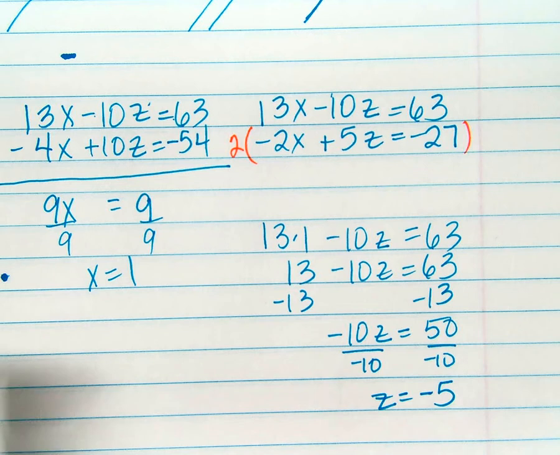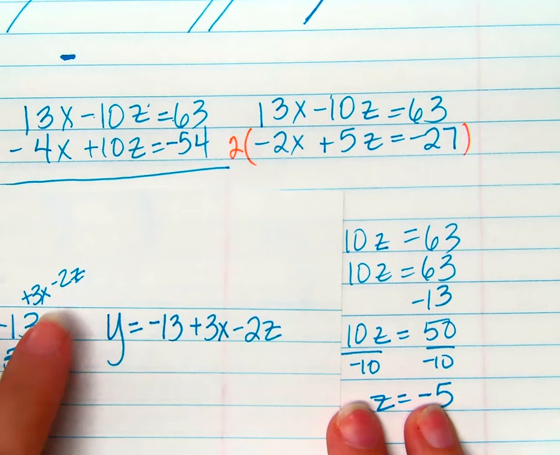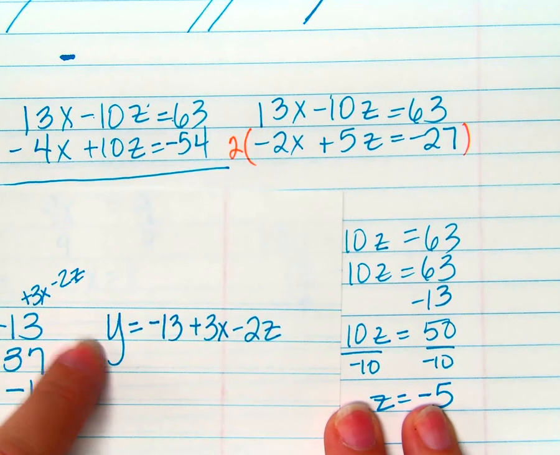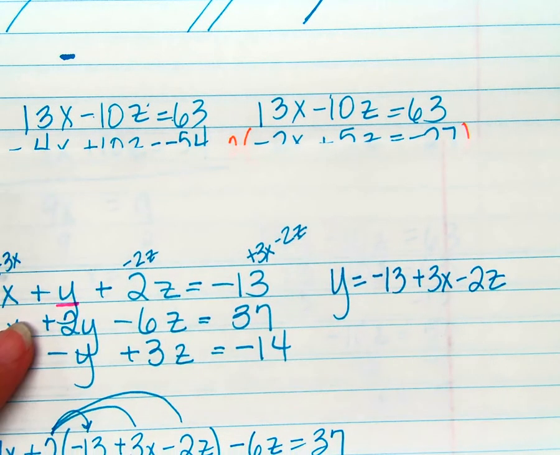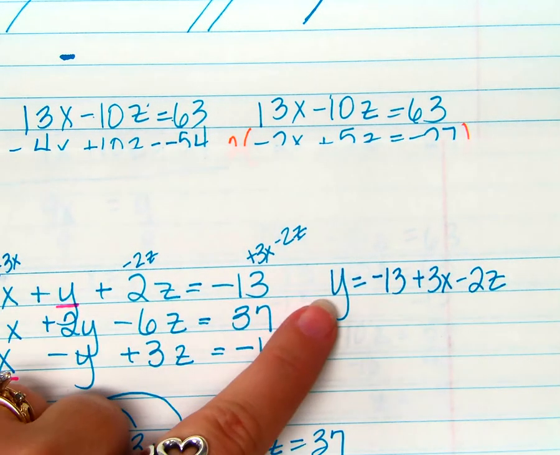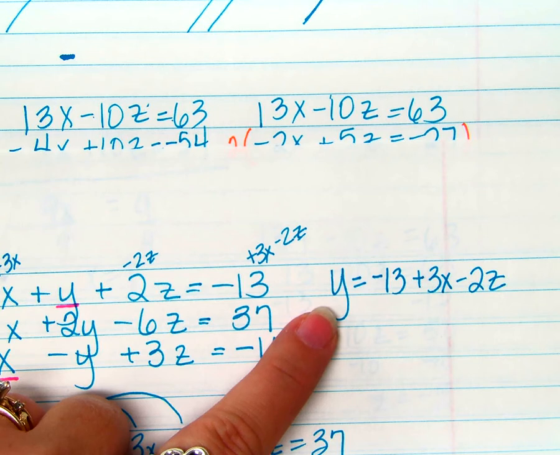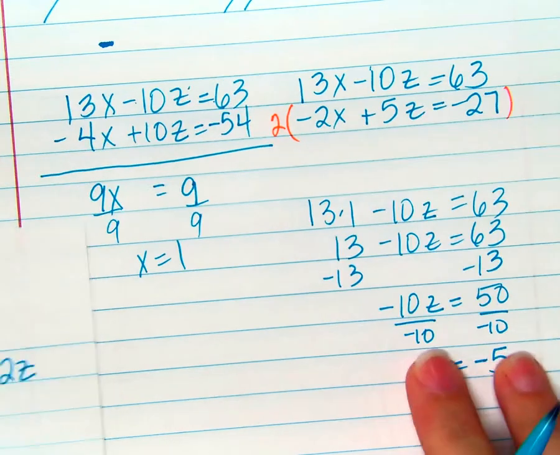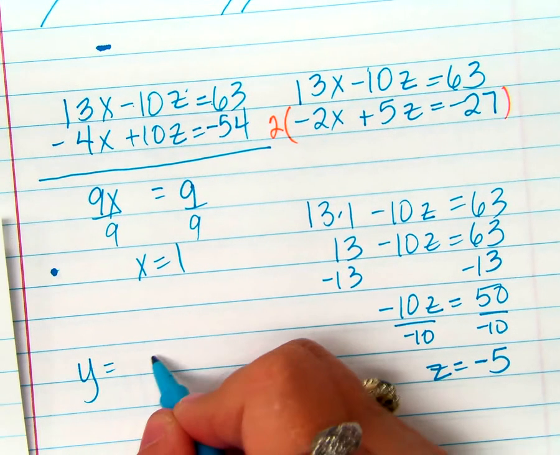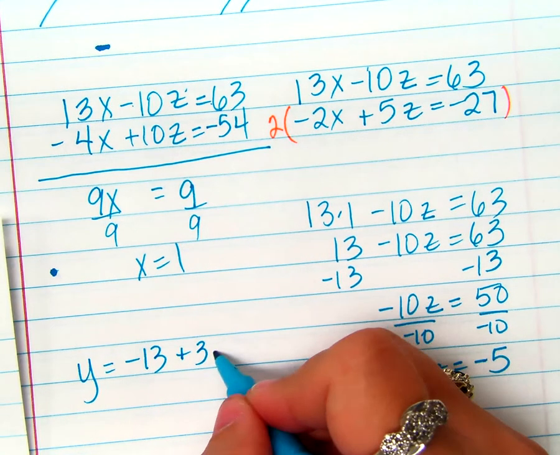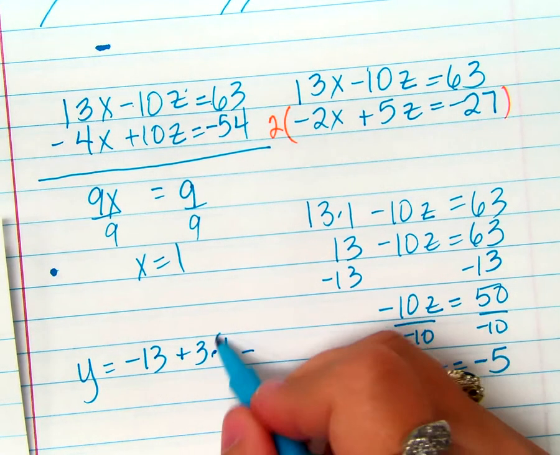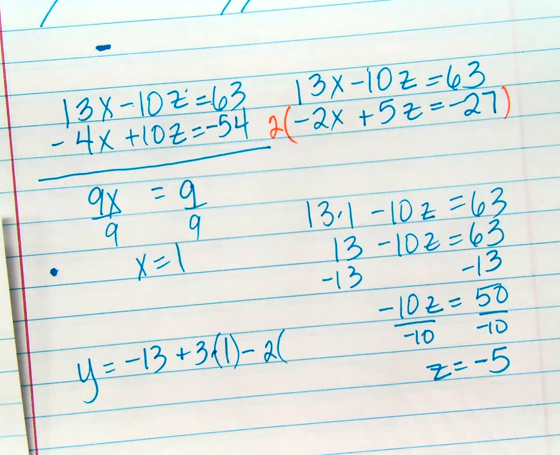Now I had to find y. Okay, so how about if I just go back to the very beginning right here? Because I already have y solved for. I mean, I could go back to one of my original problems, but since I already have y solved for, why don't I go here? Is that okay? So what I have is y equals negative 13 plus 3 times 1 minus 2 times negative 5.